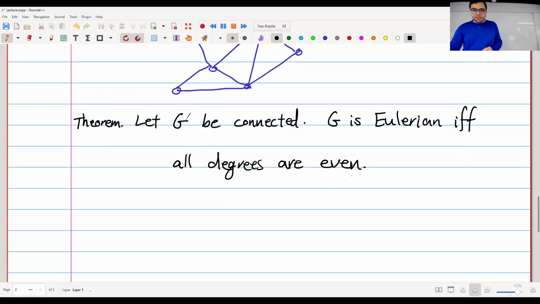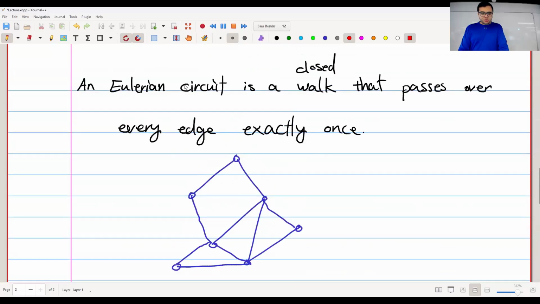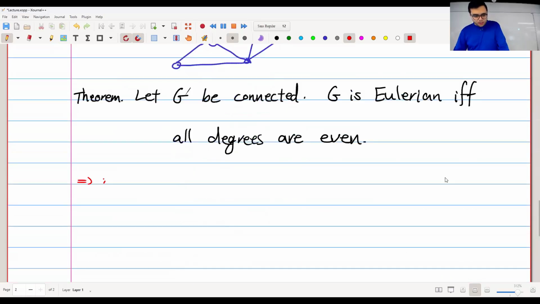One side is pretty easy. So if my graph G is Eulerian, what does this mean? It means that I have a walk that goes over every edge exactly once. I have that Eulerian walk basically, and it's a closed walk too. It goes back to where it started from. So I say, take that walk.